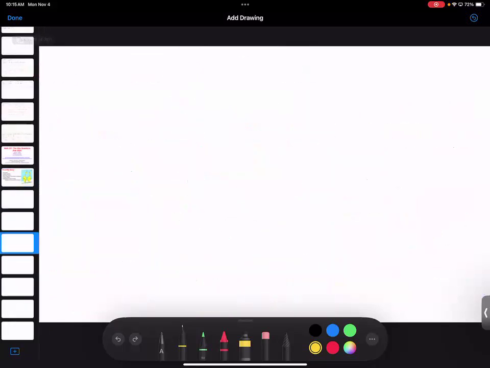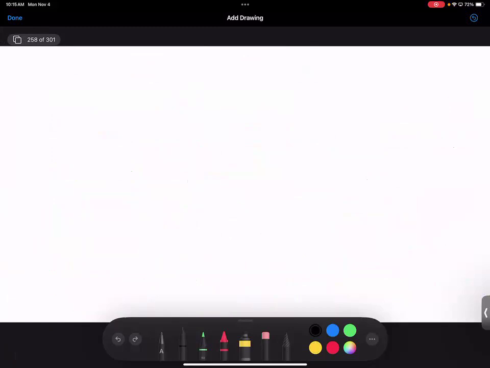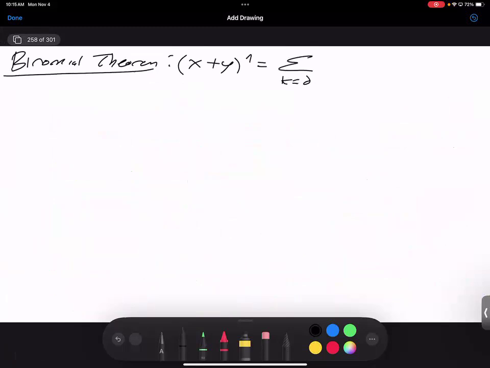Is everybody comfortable with the binomial theorem? So this basically says if we have x plus y to the n, this is the sum, k goes from 0 to n, of n choose k, x to the k, y to the n minus k, or we could do n choose k, x to the n minus k, y to the k.